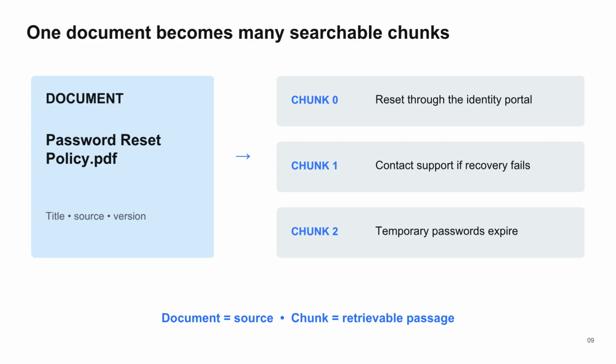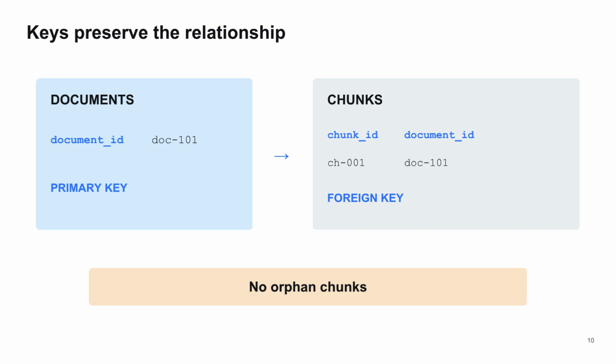So, what is a document then? A document is the complete source, but a chunk is a smaller passage derived from the document. Searching chunks is more precise than searching whole manuals. Document level information stays in the documents table, while searchable passages and embeddings stay in the chunks table.